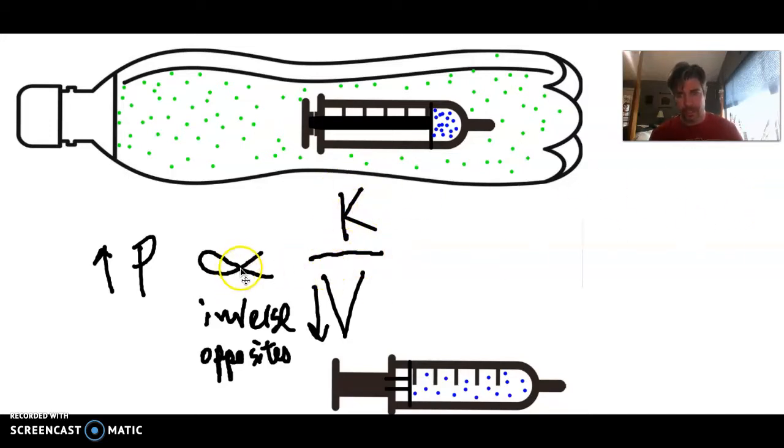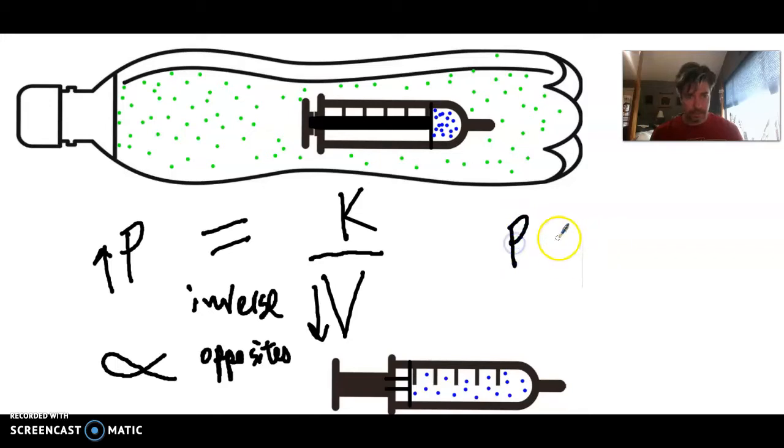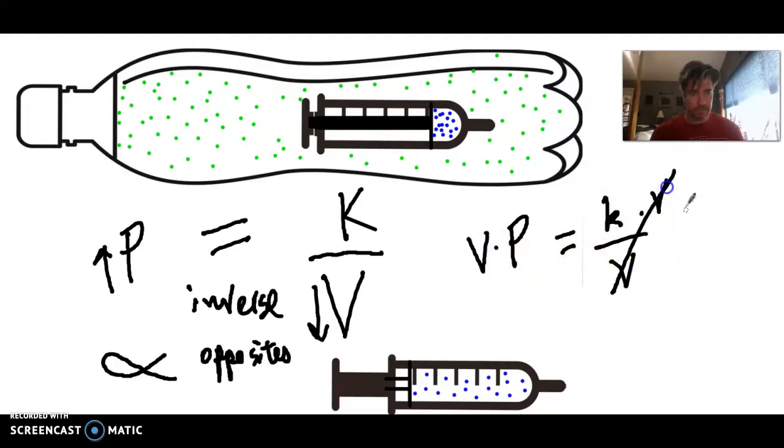In which case, then I would be able to not use this proportionality symbol, but you actually use an equal, so that pressure is equal to this constant divided by volume. And then what we did for Boyle's Law was we multiplied both sides by volume, right, which gives us equal to this constant.